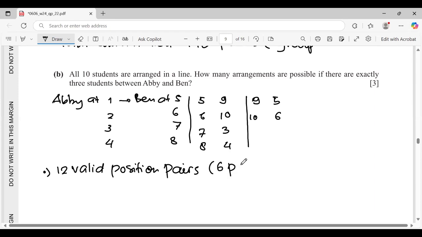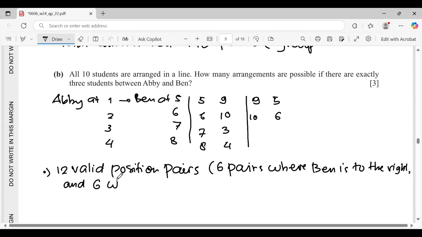Six pairs where Ben is to the right, and six pairs where Ben is to the left.